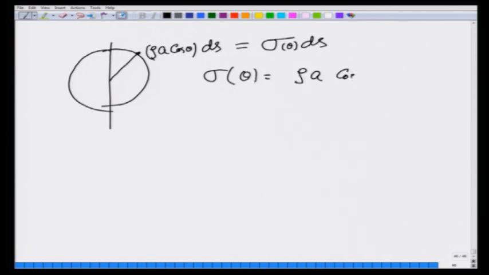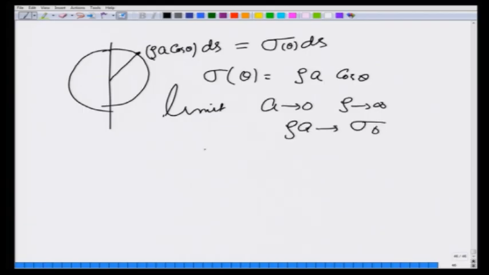and sigma theta is equal to rho A cosine of theta. In the limit of A going to 0 and rho going to infinity, such that rho A goes to some sigma 0, I can write sigma theta as sigma 0 cosine of theta. But these are two displaced spheres. So, what will the field look like?